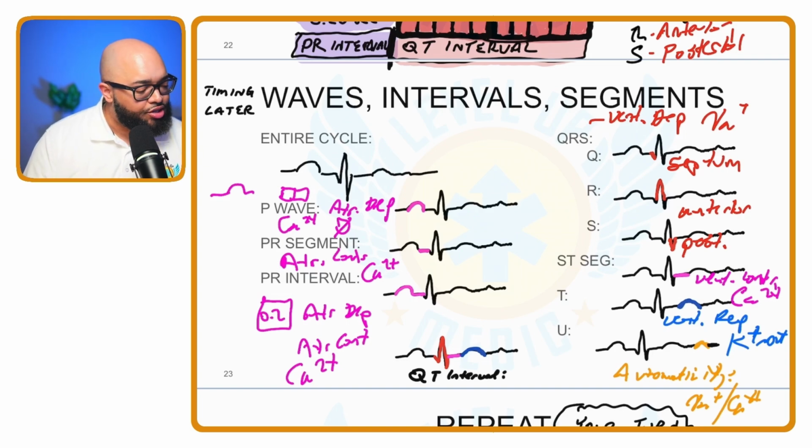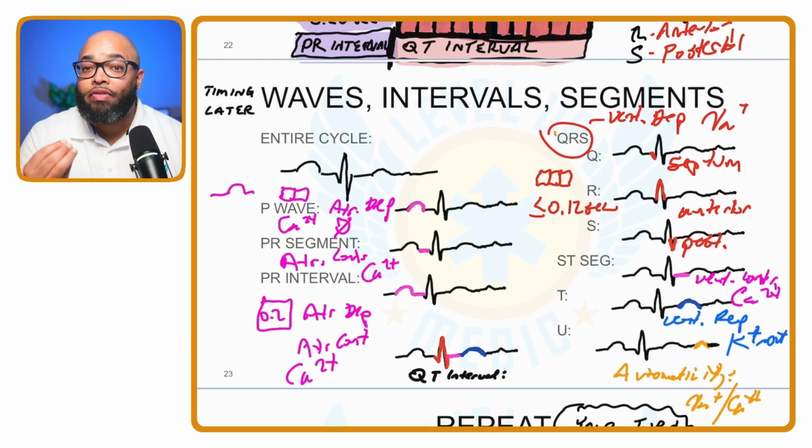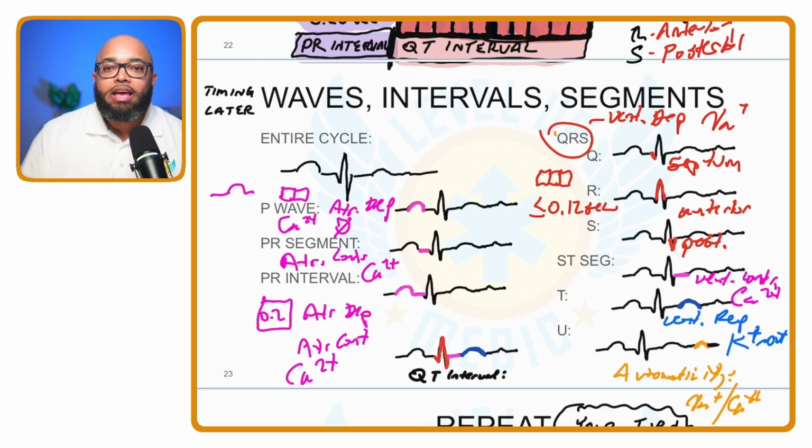Now, the QRS duration, this entire QRS duration should be within 3 little boxes worth of time, or less than or equal to 0.12 seconds. This is also one that's very important to know, because if the ventricle takes longer to depolarize, it's going to take longer for the ventricles to do anything, and so they're not actually contracting to send blood out.